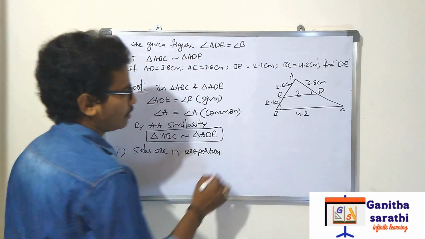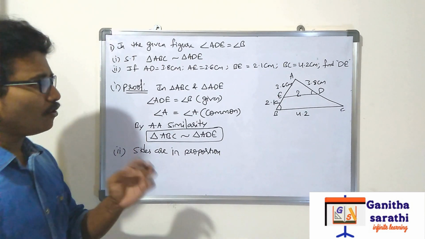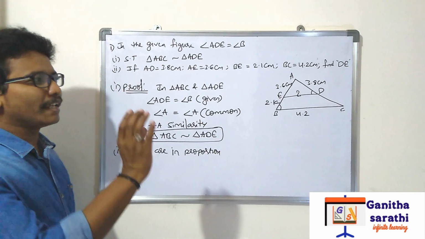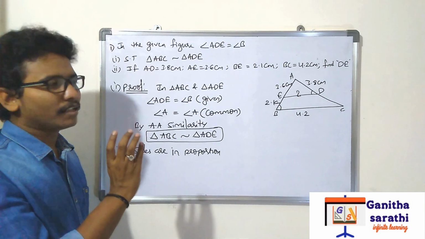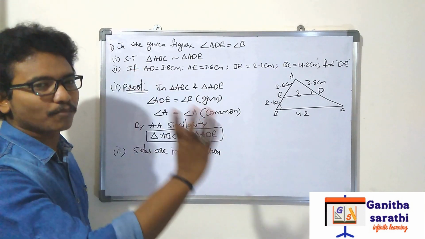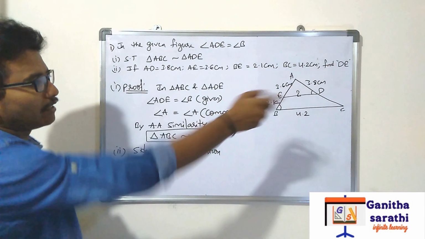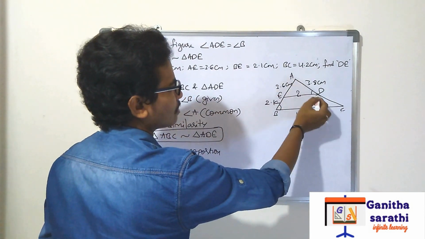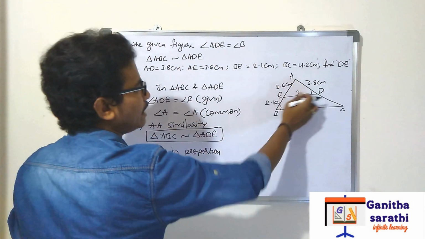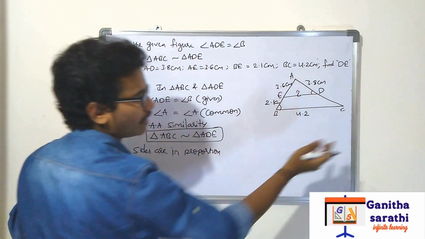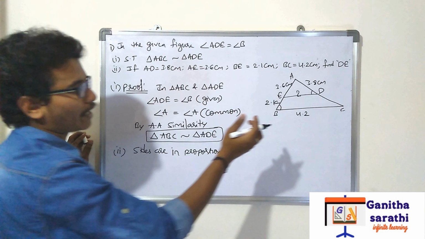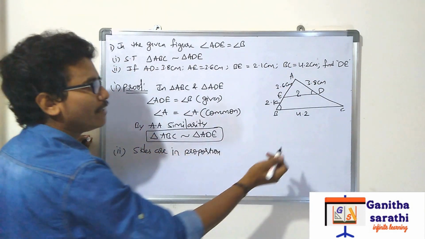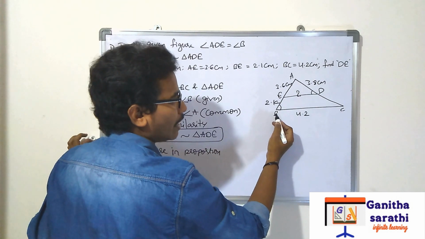See here. When you are marking proportional sides, be careful. If you start with the small triangle first, then end with the big triangle. Like that only you do. What is the small triangle here? ADE is the small triangle, ABC is the big triangle, right? I am starting with the small triangle. So sides AD by AB. Why am I taking AD? We know that angle D and angle B are equal.